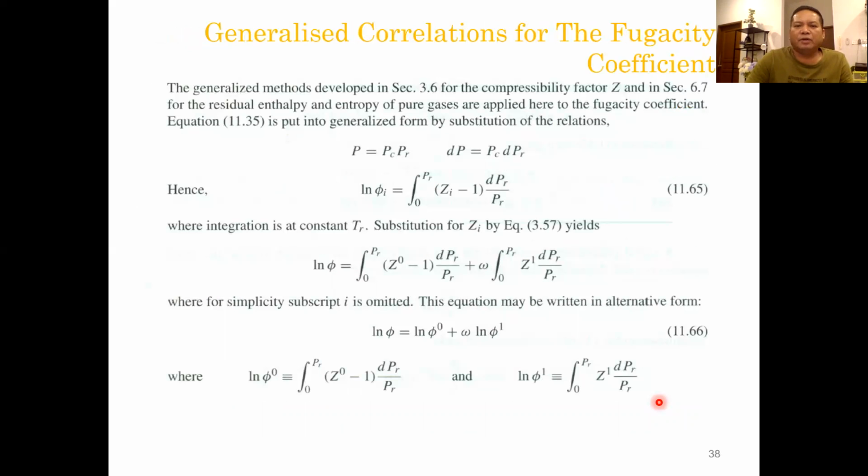Generalized correlations for the viscosity coefficient. So for this generalized form, P is equal to P critical times P reduced, or the change of P equals P_c times the change of P reduced here. Hence we can put this value into the previous equations.